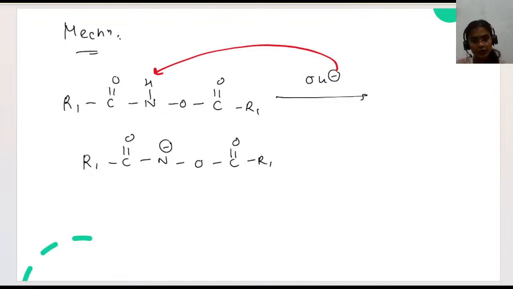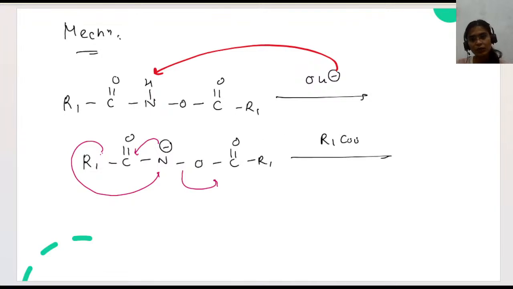It's actually one of the easiest mechanisms out of all four mechanisms. See this again, the same R migrates here. This R1 is moving, and this group is leaving because it's a very good leaving group. Ester is a very good leaving group. So in this case, R1 COO negative leaves.